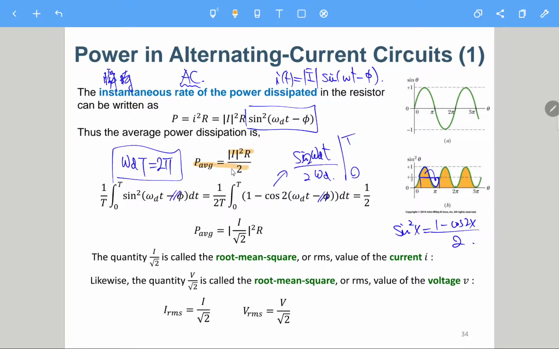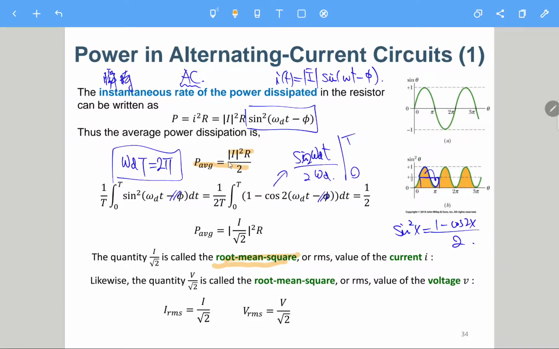So we can try to separate these two into here, because we have I squared. So we make it like I over square root of 2, and then the whole term take the square. So this is called the root mean square value.